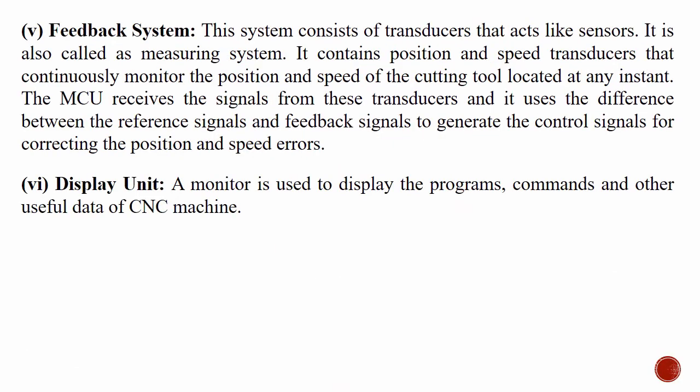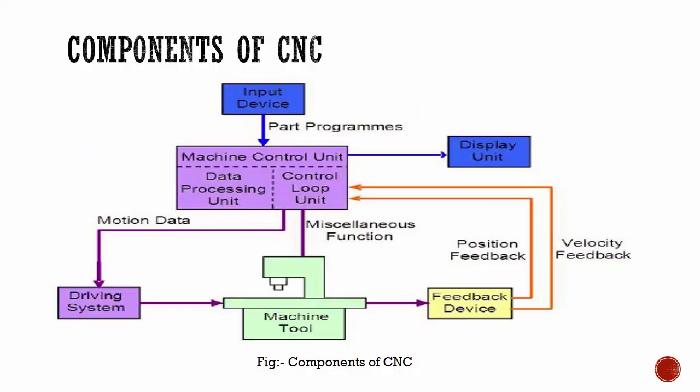Before I go to the topic, we discussed this part in the previous class, that is the feedback device. The main feature of CNC is the feedback device. So what is the function of the feedback device? The feedback device gives feedback on the relative motion between the tool and workpiece, means the speed of rotation, the speed of movement of the table.